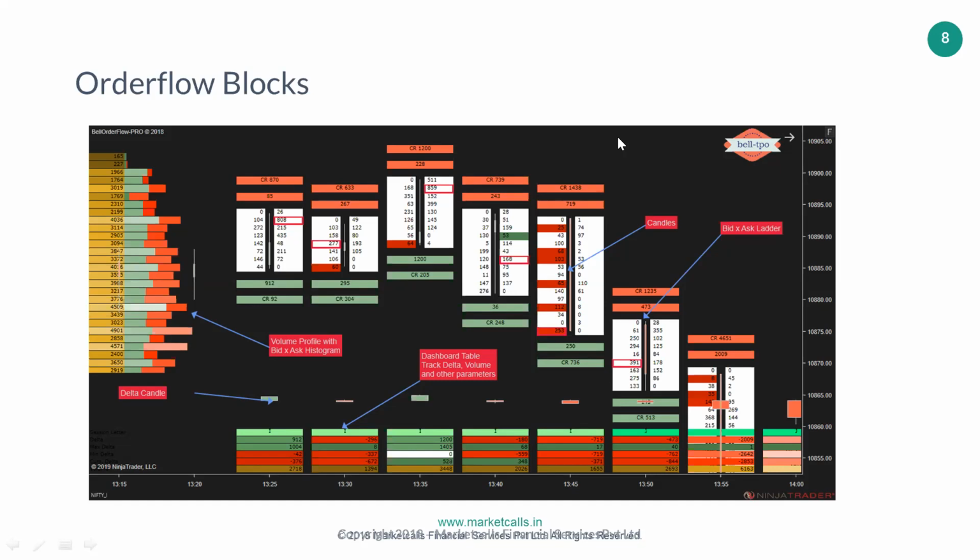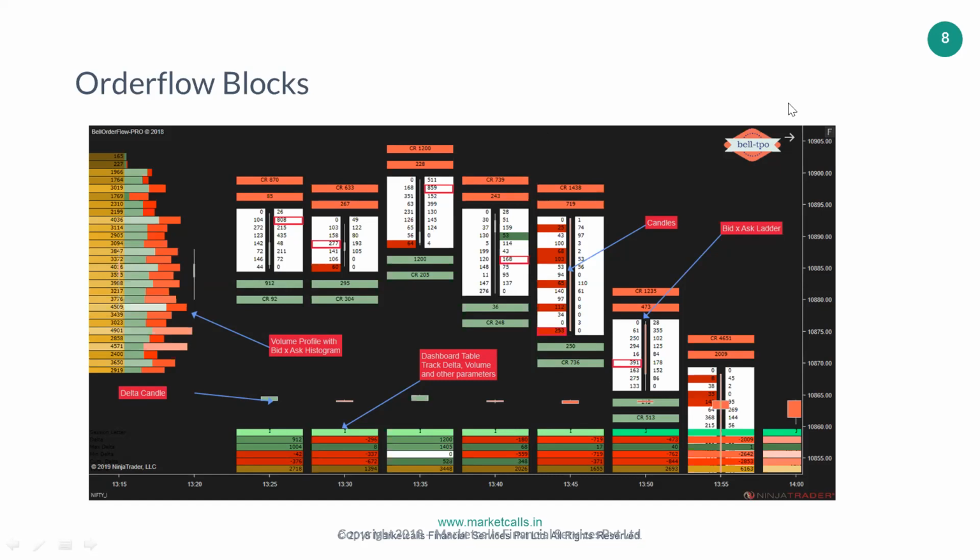So this is a basic order flow block. One of the order flow blocks, on the left-hand side, is called the volume profile. What is a volume profile? It records the volume of the buyers and sellers combined for each and every price level. We call it volume at price.